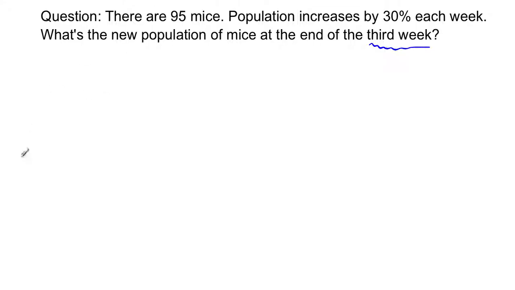Well, let's start off with 1 week, right? We had the population, and that was equal to 95 plus 1.3 times 95.